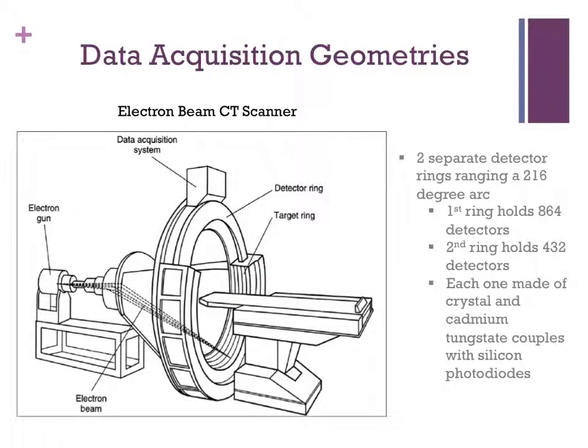Each solid state detector consists of a luminescent crystal, cadmium tungstate, coupled optically with silicon photodiodes, which convert the light into current. And these are connected to a preamplifier. The output from the detectors is then sent to the data acquisition system.